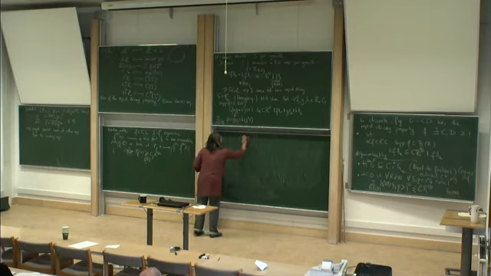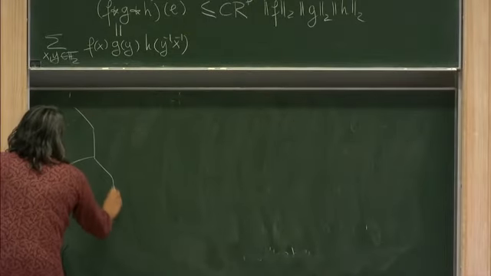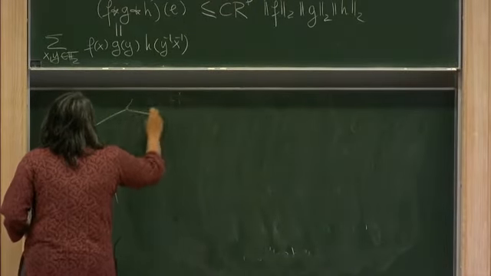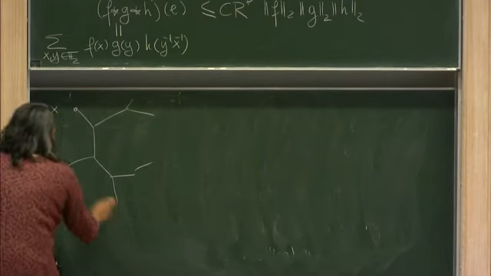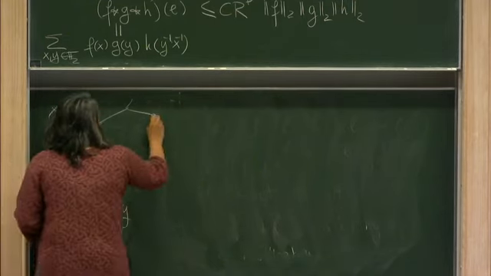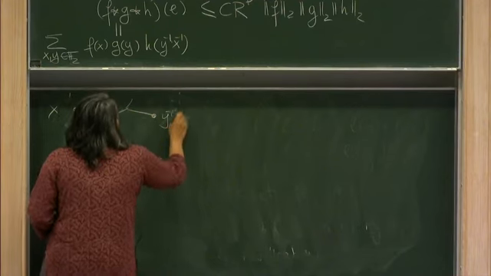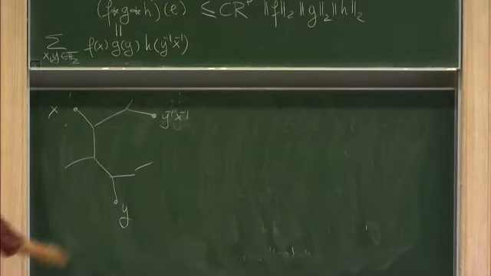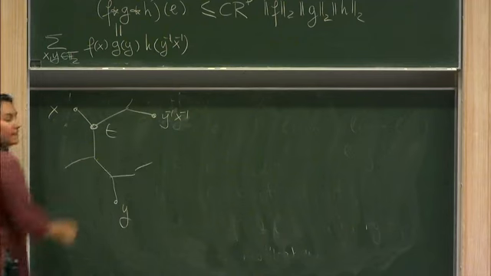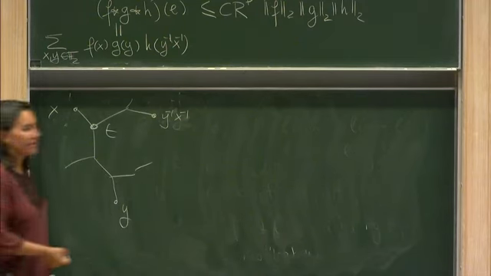And so you're in a free group, so you're on the tree. You have x, y, and x inverse, y inverse somewhere here. So you have a unique point T, which is a median point.